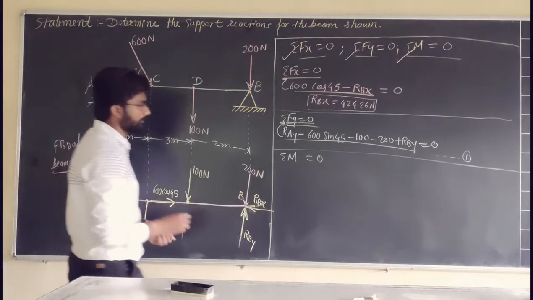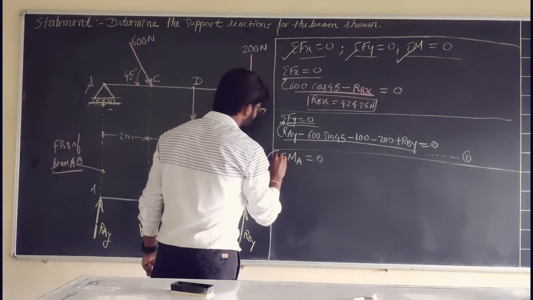So we will go with point A, summation of moment about A, and we assume anti-clockwise as positive.